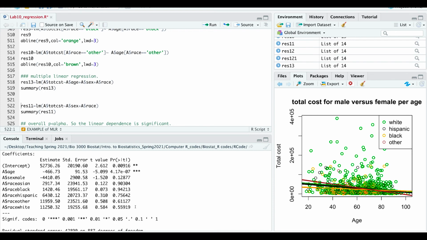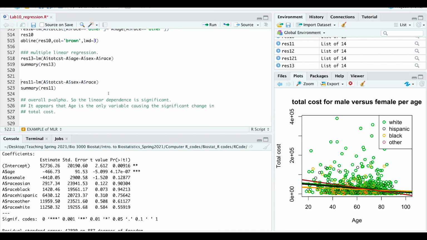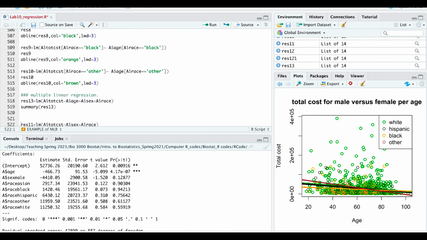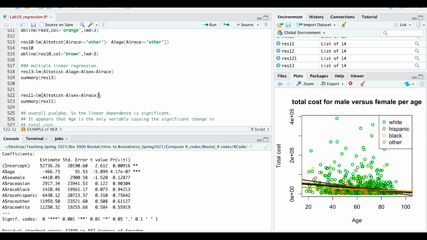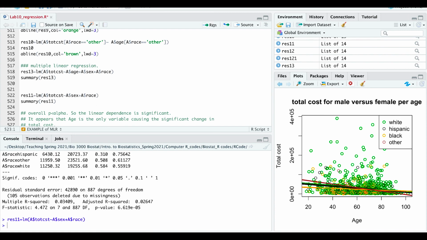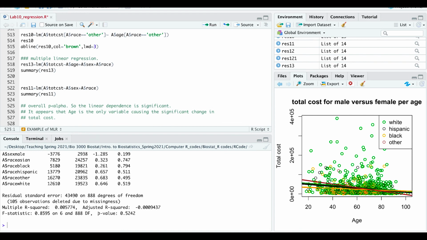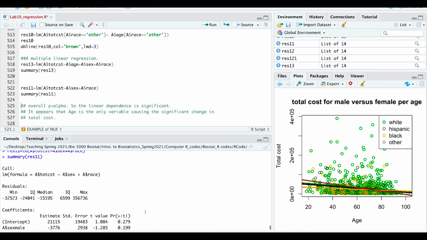All right, I want to check, because I just did age only, and age and sex, but I haven't done the dependence on sex and race. I have to check if the total cost depends on just sex and race only. If I do that, the p-value is greater than alpha, so no, it does not depend.